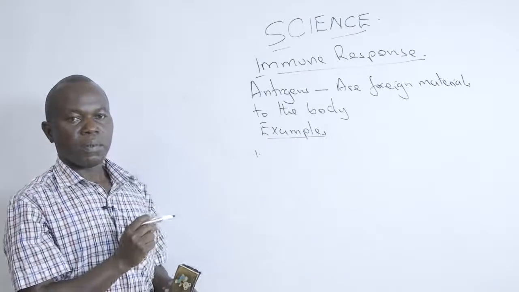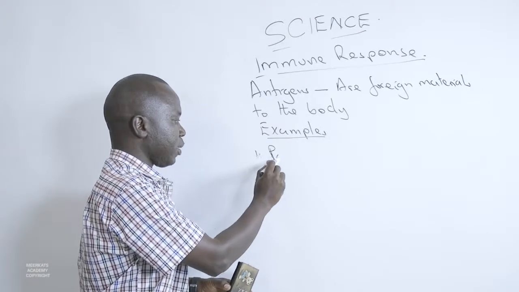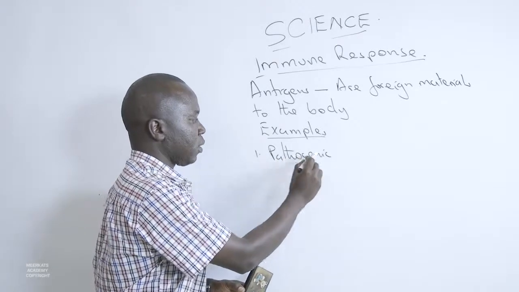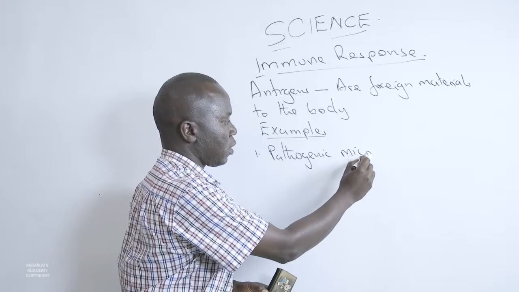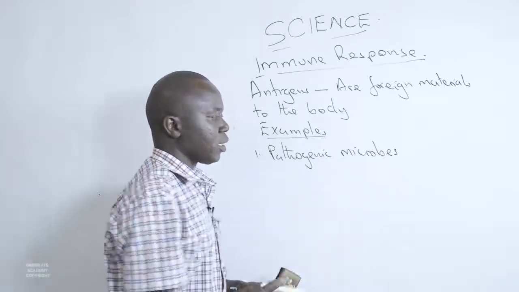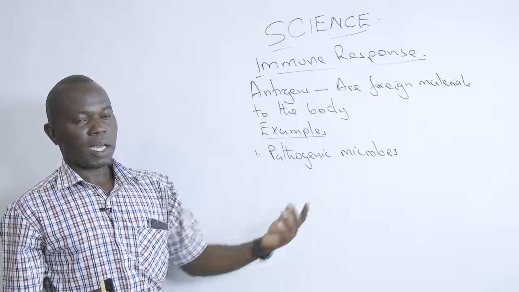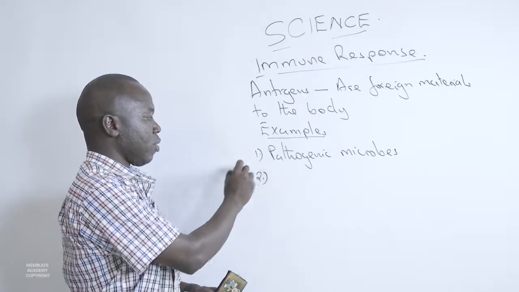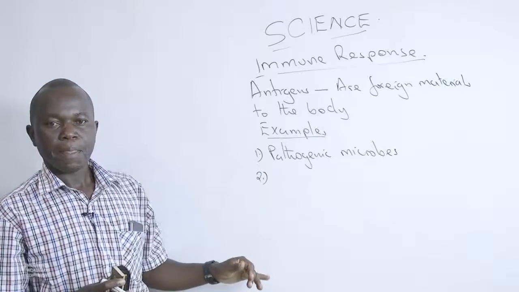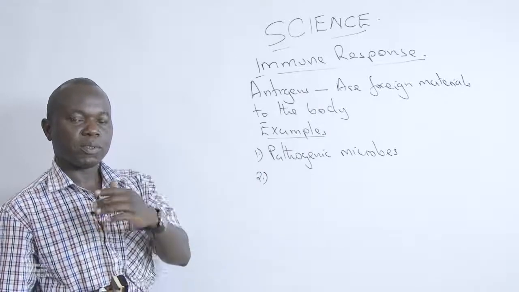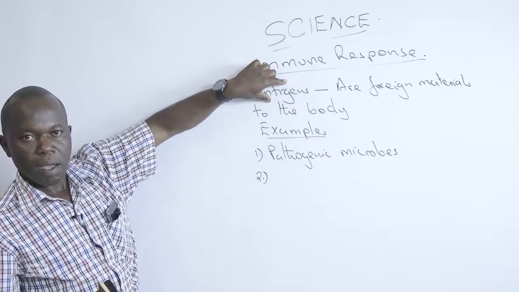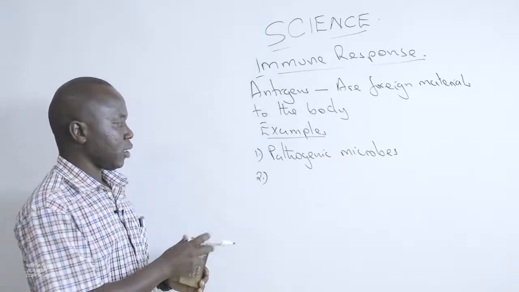one, we have talked about pathogens, pathogenic microbes. Microbes are equivalent to microorganisms, so organisms themselves. But sometimes these pathogens produce products. Those products can also be an example of antigens.